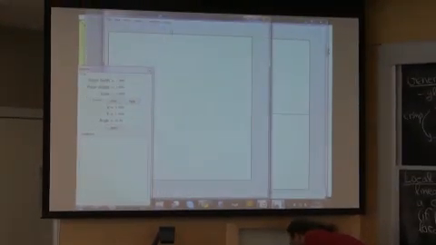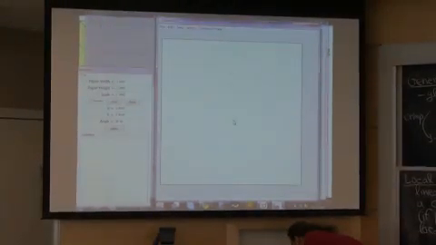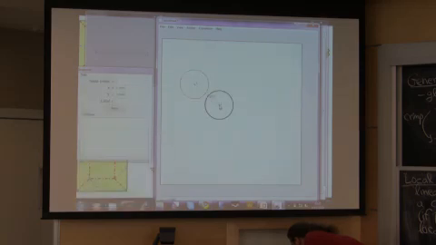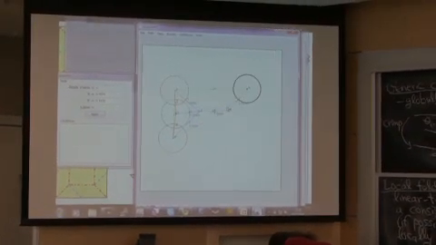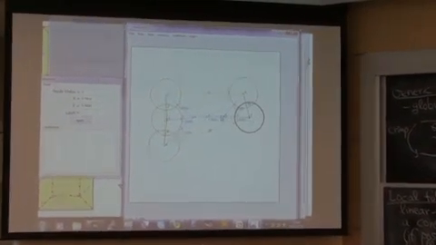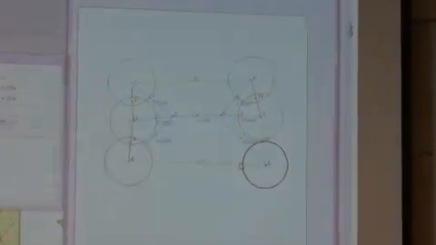So let's say we want to make, I don't know, a lizard or something. So the blue lines are the tree. So can I do this? Yeah, there we go.